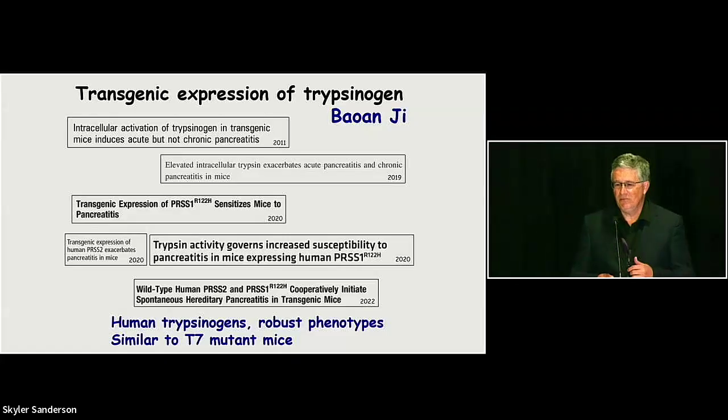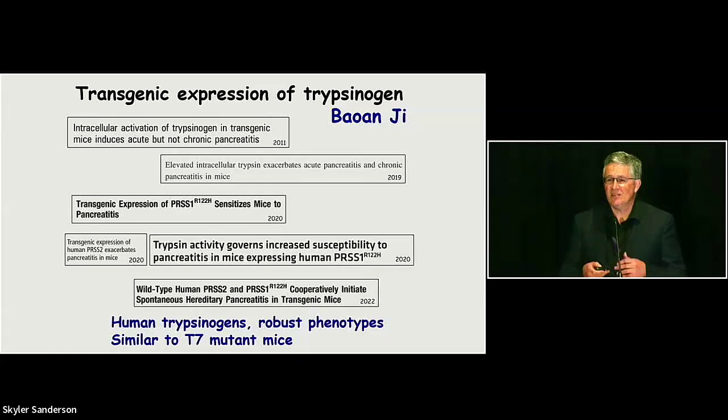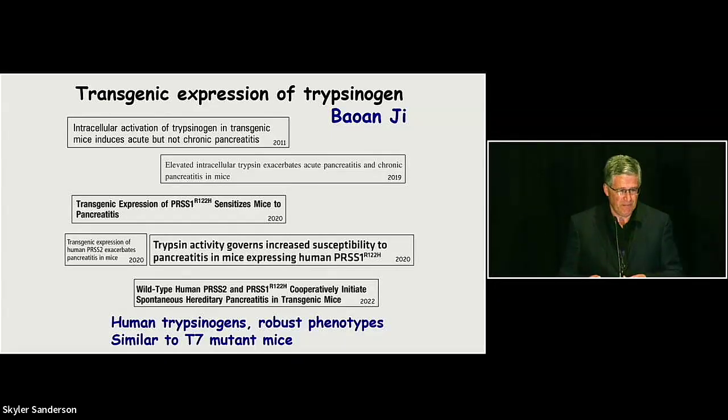An advantage of these models, which are also available from his laboratory, is that if you have anything targeting human trypsinogens specifically, then these are the models you need to use. Very robust phenotypes. It's important to note that the two sets of models, the mouse cationic trypsinogen and the human cationic trypsinogen models, are phenotypically very similar.